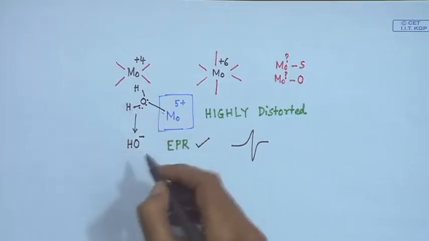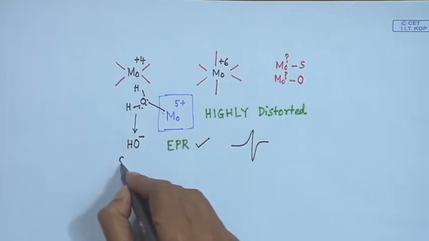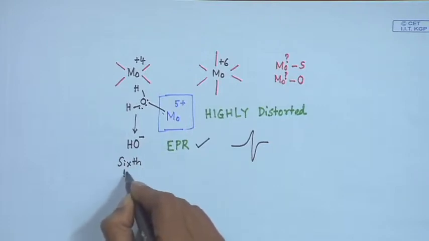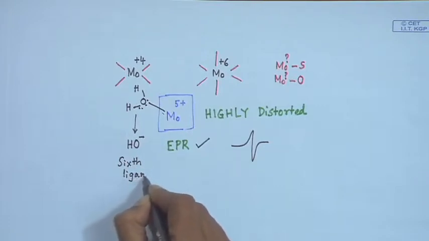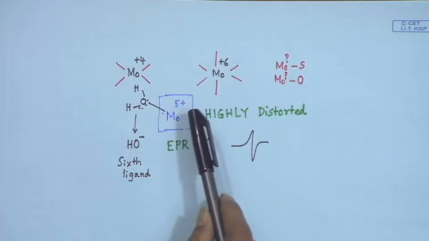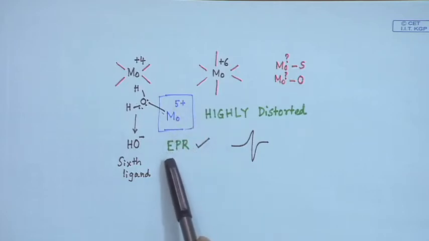So, we expect that this is the 6th ligand which can go and bind to the molybdenum 5 center. So, we have a dual challenge for that.